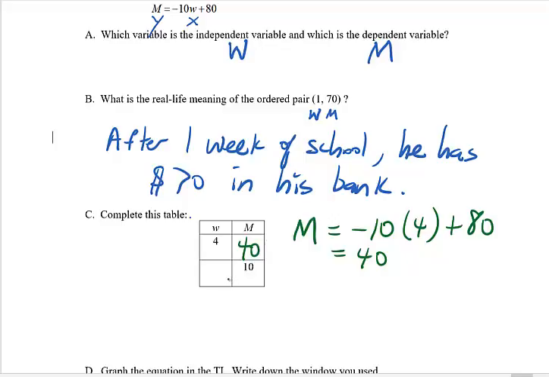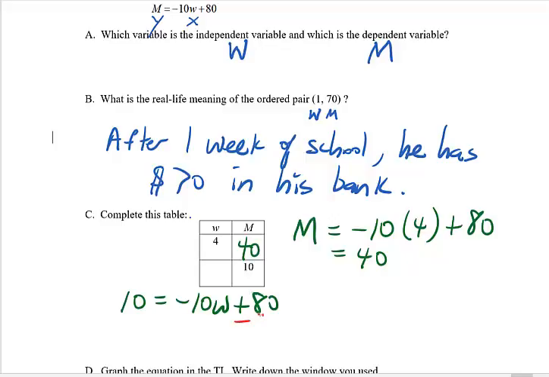The other blank, I'm given a 10 for the M, and I want to know what W goes with it. So I'll go to my equation, I'll replace the M with a 10, and this one I'll have to do some algebra. I need to get this W by itself.